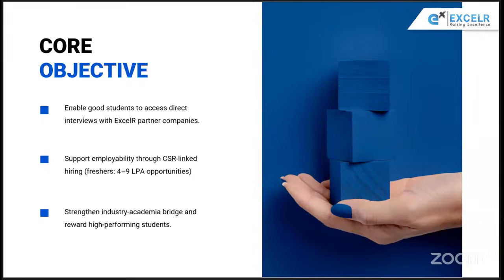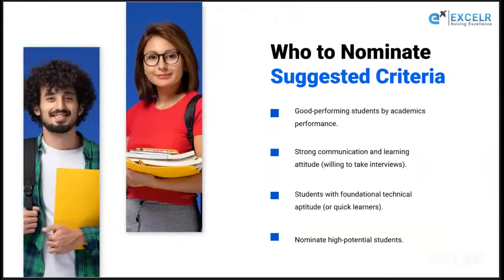So how are we going to do this? We have a suggested model. Firstly, we would want to identify students who perform well academically, are good at communication skills, have the urge to learn and the right attitude, and will be able to make it to the interviews.